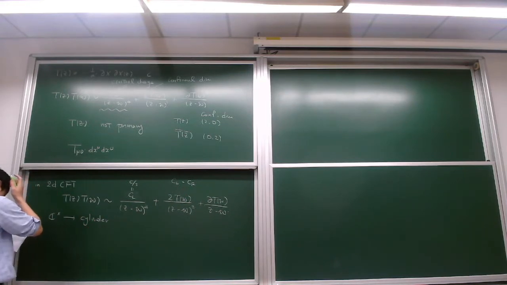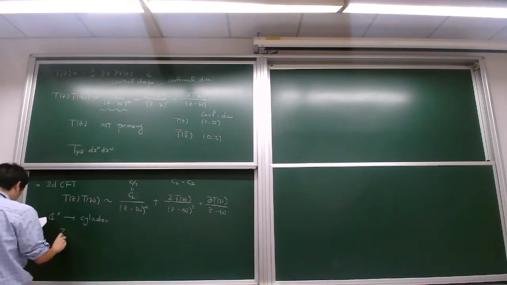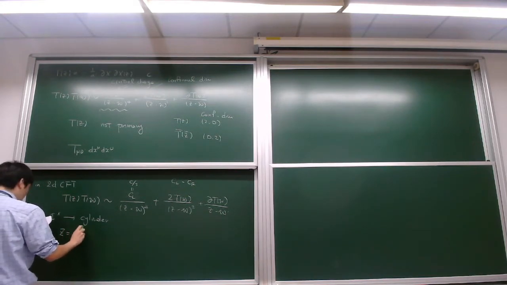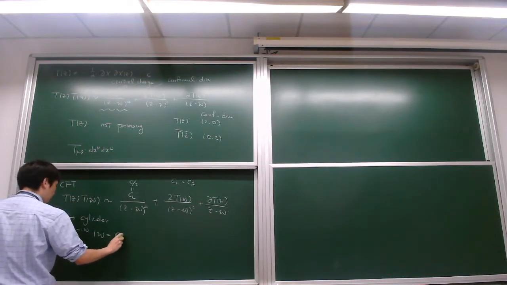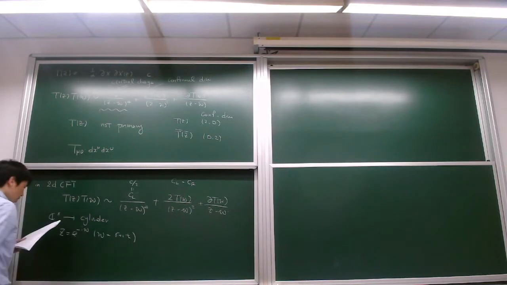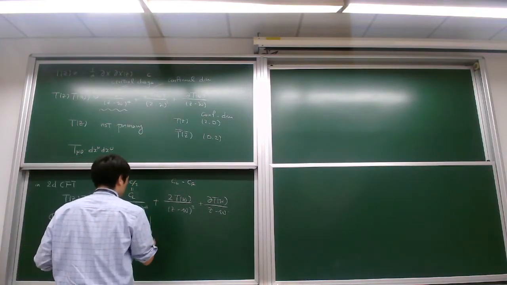The map is z to e to the minus i w, where w equals sigma plus i t.